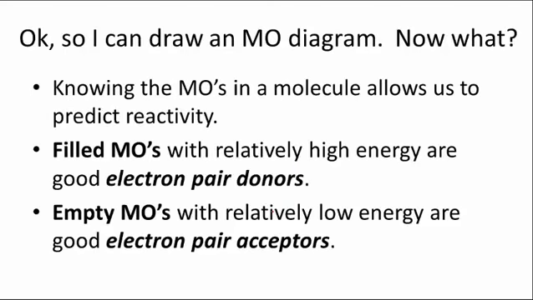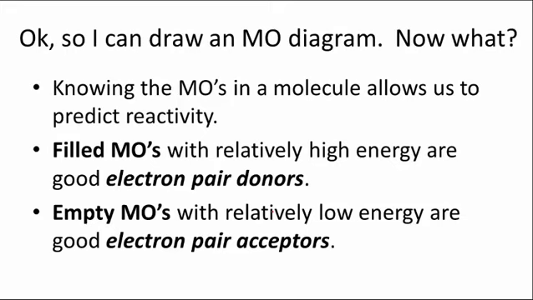So the reason is we can use these to predict reactions between molecules. We've already kind of used principles of just attraction between positive and negative parts of molecules to start predicting reactions. This will give us a little more precision with how to predict reactions and understand reactions.